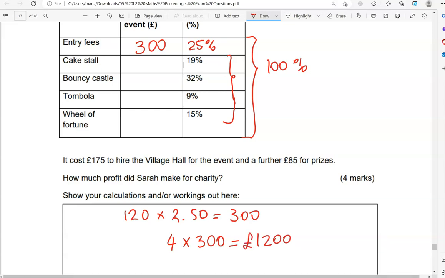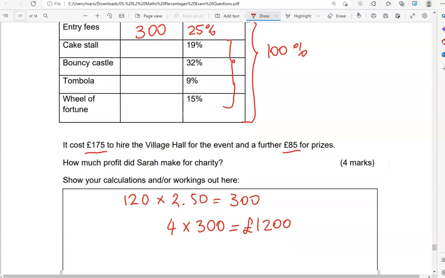So that's the total. If we take away the cost, that is £175, and the £85 should give us the profit.